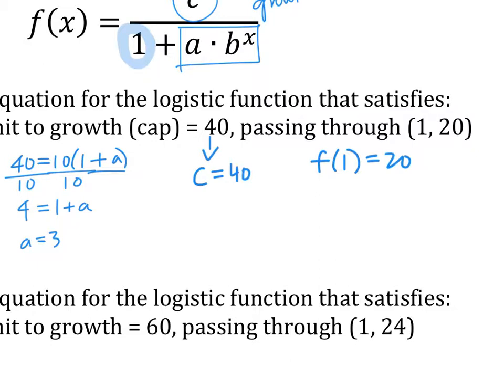So we put in 1, we get 20. So that means the equation is 40 over 1 plus, we already know A is 3, so put 3 in, B we don't know, to the first power, is equal to 20. All right, go ahead and solve for B. Again, use the trick I just showed you so you don't make it twice as long to solve.